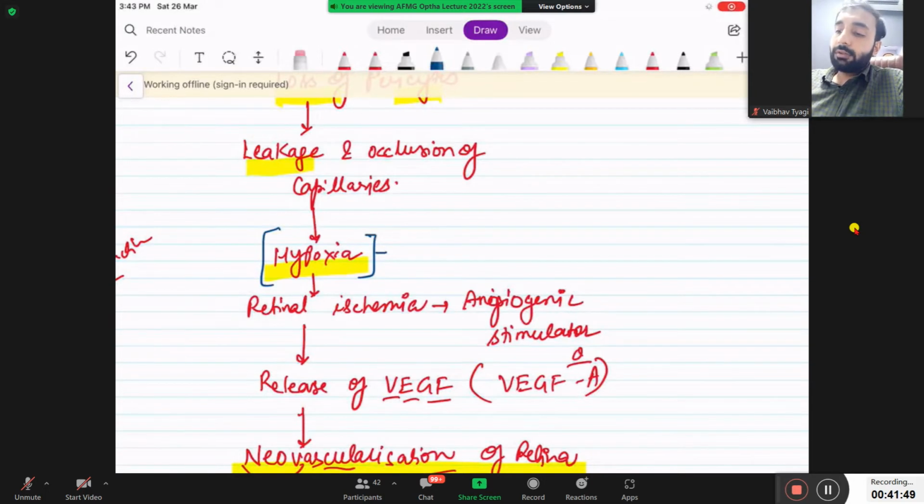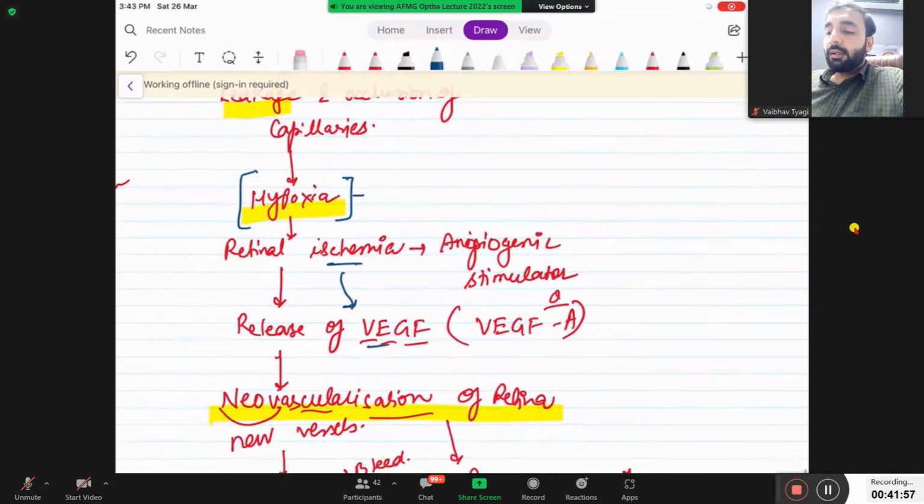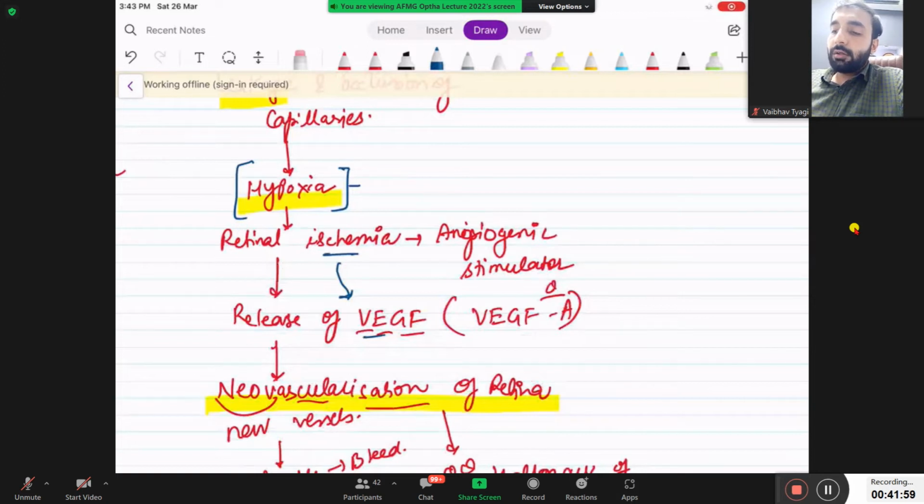Why? Because this hypoxia induces ischemia, and this ischemia induces the production of growth factors, right? So if we block this hypoxia, if we make the retinal tissue anoxic, what will happen?